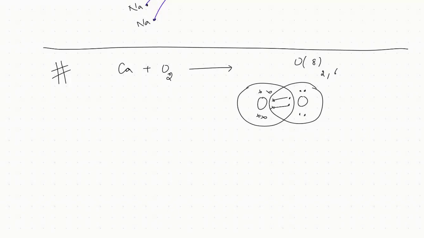So I have O double bond O. If I have O double bond O, what would that mean? It means 1, 2, 3, 4, 5, 6 on each.